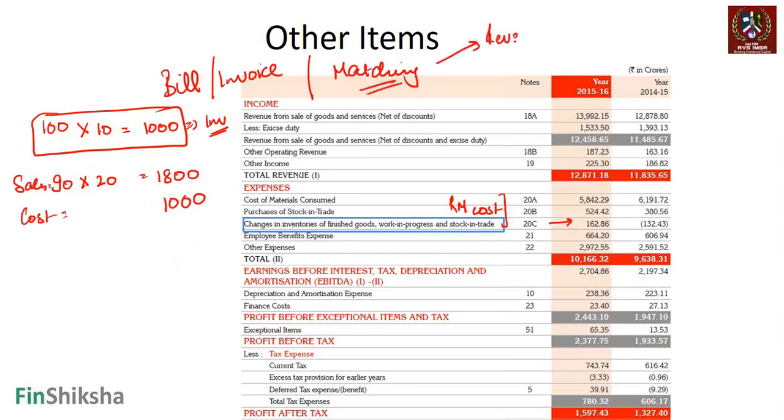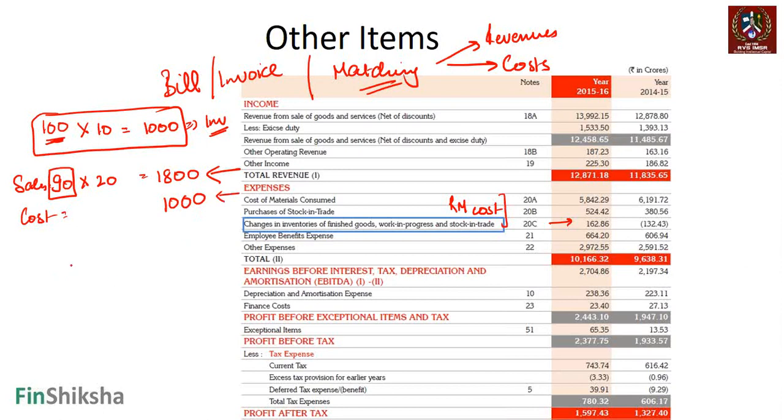Now we introduce once again that concept of the matching principle, right? So you have to match the revenues to respective costs. Now only 1800 have come in because you have sold only 90. So you have to use the cost also for 90. You cannot use the cost for 100. But here the cost is for all these 100 that are there.